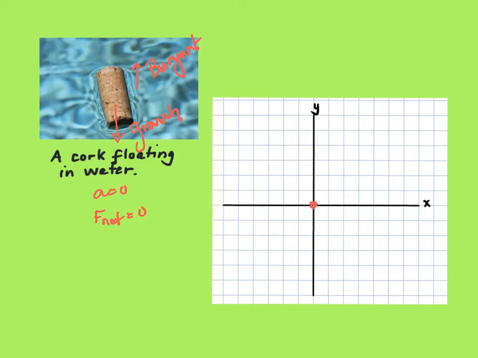So I've got my cork, and I've got my force of gravity on the cork by the earth. So we've got an equal force upwards, which is our buoyant force, again on the cork by the water. And these two are congruent.